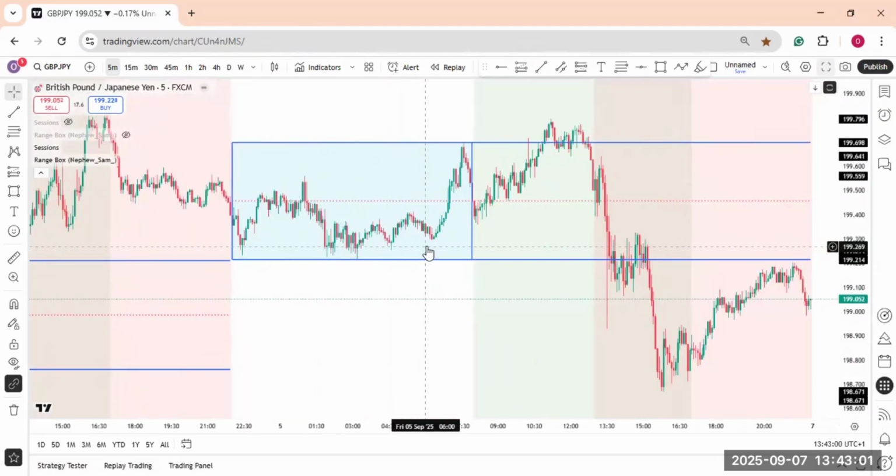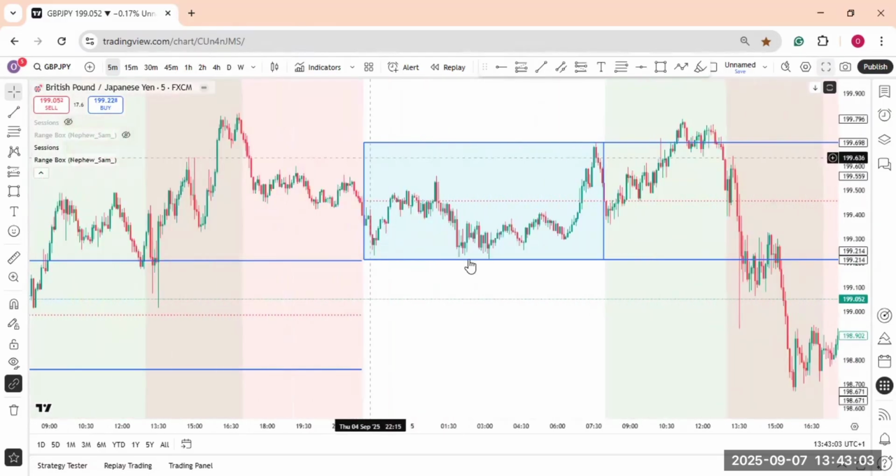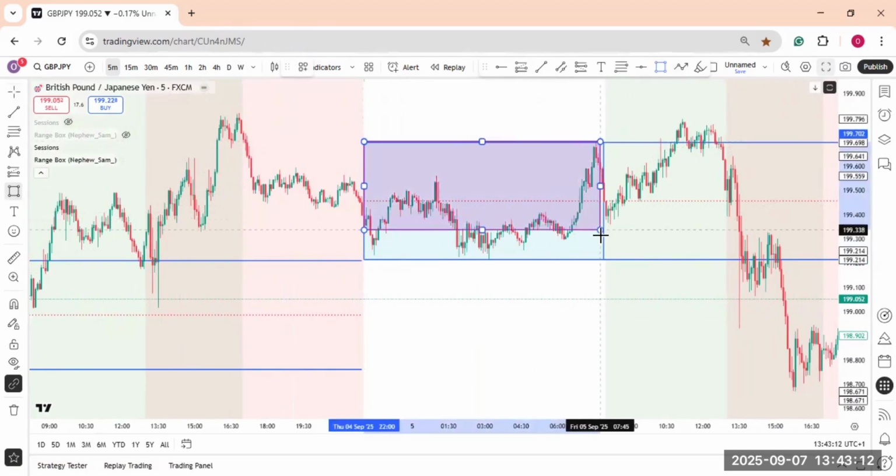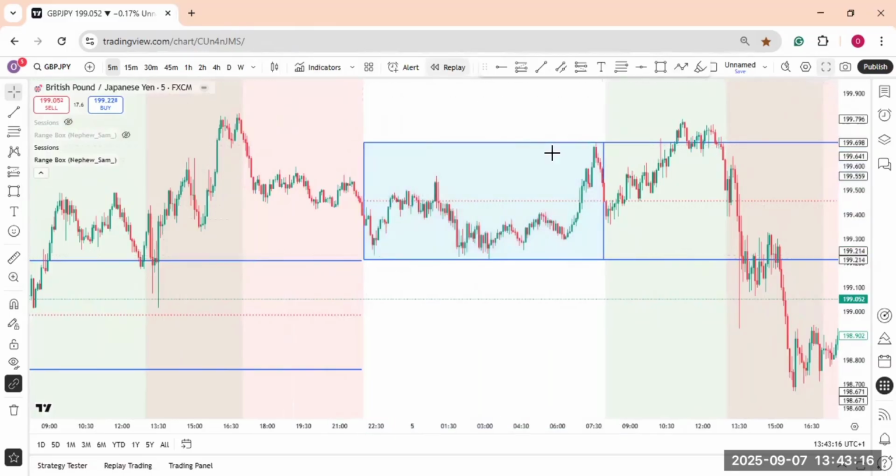It shows you the range that occurs during the Asian session. So this part here to this part here is the Asian range. You can see there's a demarcation with a vertical line just when the Asian session is ending and the London session is opening.